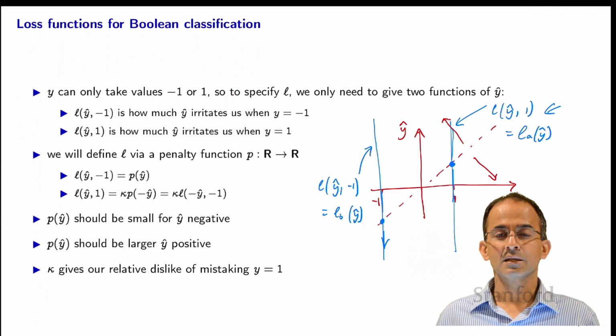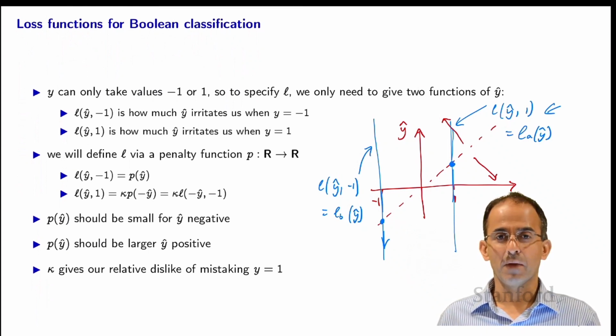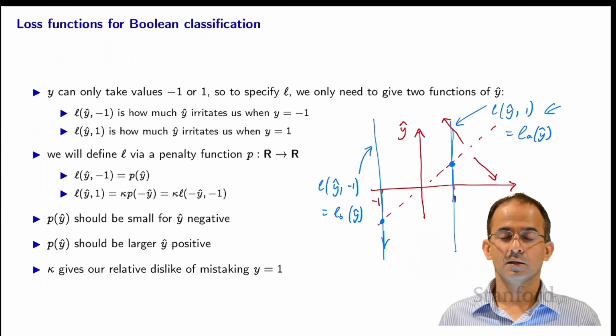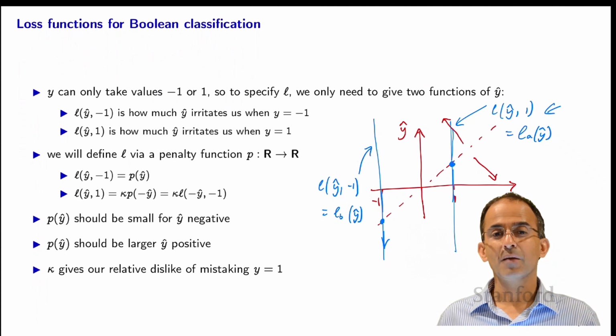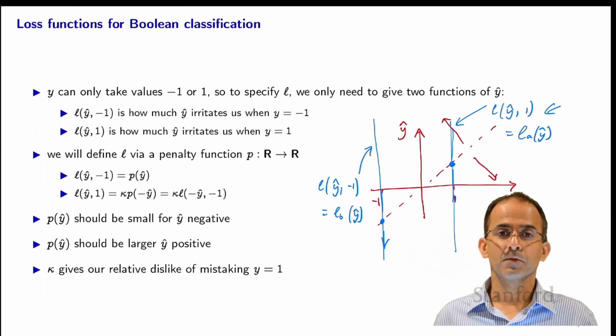The reason is that if y is 1, then we would like a y hat that unembeds to give us 1 also. And that means that any y hat which is positive should give us a low loss. And similarly, when y is minus 1, we'd like a y hat that unembeds to minus 1.